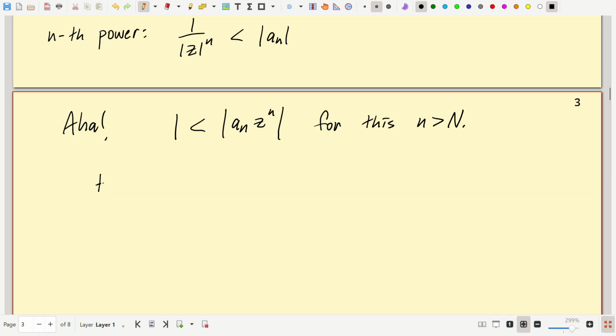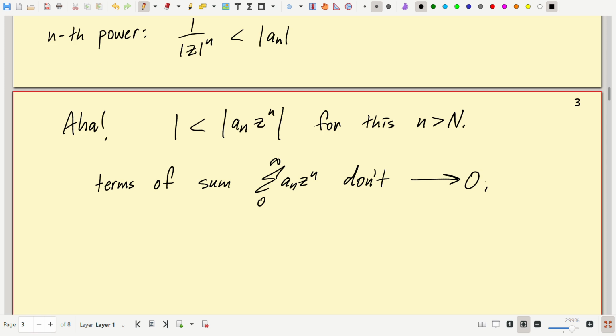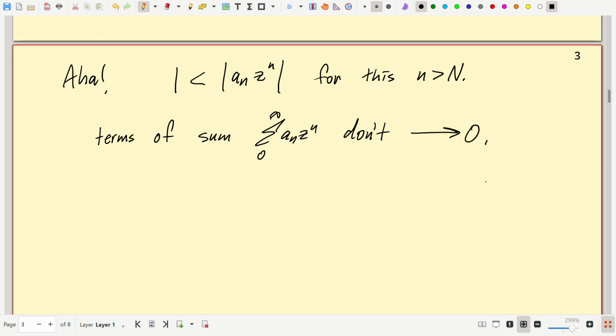The terms of the sum an z to the n don't go to 0. So that means the series diverges. And that's what we wanted to see. Check. Questions about that?